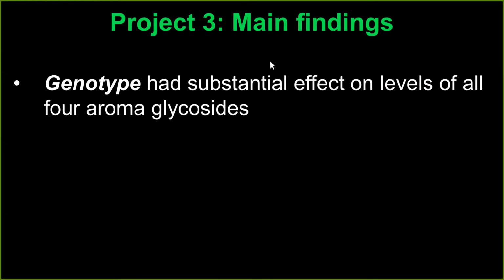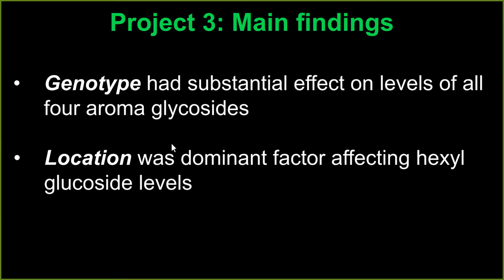So the main findings from this project: we found that genotype had a substantial effect on the levels of all 4 of the aromaglycosides. Actually, even on the hexoglucoside, genotype did play a role in the levels of that compound as well, and certainly of all the other compounds. But location was the dominant factor affecting the levels of hexoglucoside, that green leaf volatile glucoside compound.